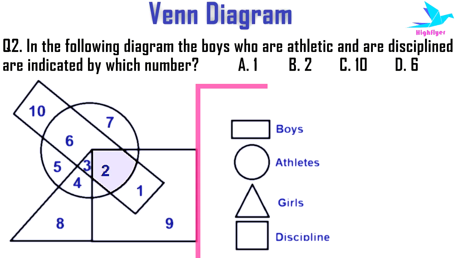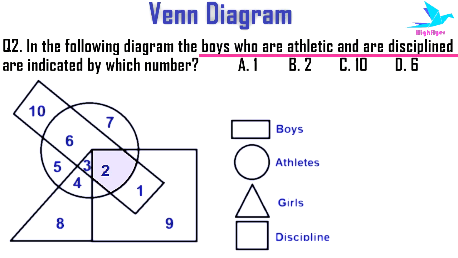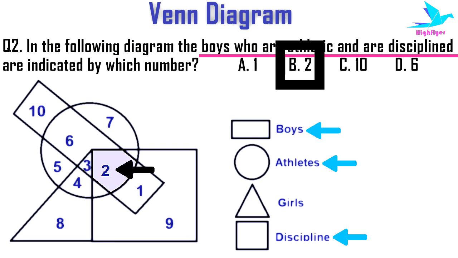Now as the question demands to find out boys who are athletic and disciplined, hence in this diagram we'll consider that area which is common to the rectangle, square and circle. And as you can see, that area which we are talking about is shown by number 2. So the right option is option B.